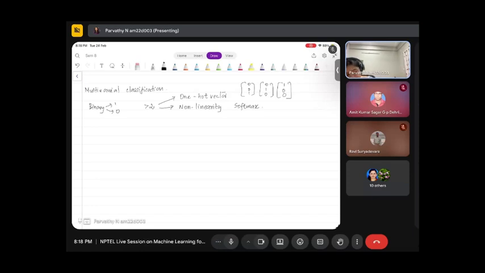So we will see what is softmax. It also tries to keep the sum of the probabilities of different classes to be 1, and each of the class probabilities will have a value between 0 and 1.